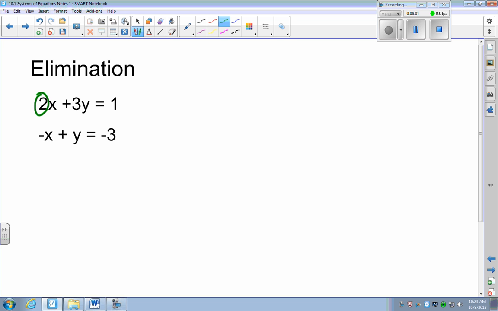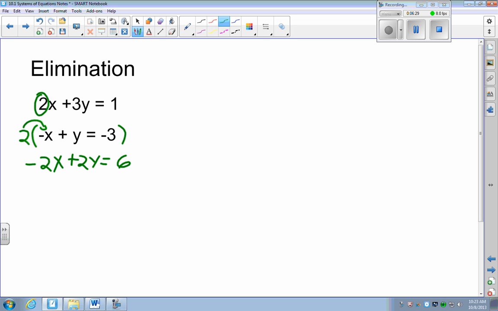So here we have a 2, and the opposite of 2 is going to be negative 2. So down here, we're going to multiply everything by 2, so that way this 2 will be in front of that negative x, and so we'll have an opposite coefficient. And so this will end up being negative 2x plus 2y is equal to 6.